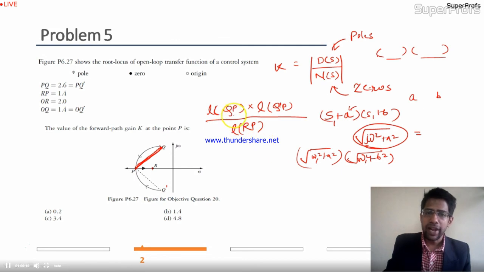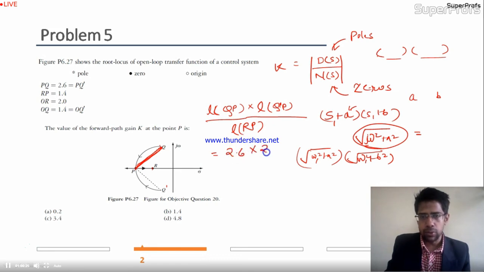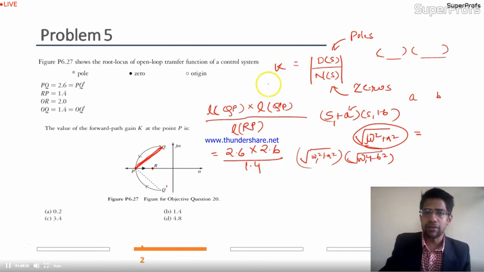We have been given the length of PQ and PQ dash, which is nothing but 2.6 into 2.6 divided by the length of RP. RP is nothing but 1.4. If you calculate this, K comes out to be 4.28 something.